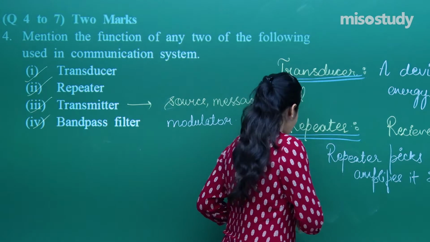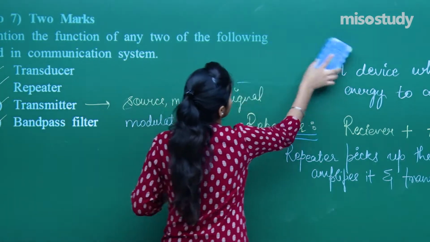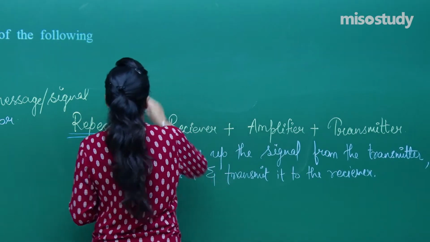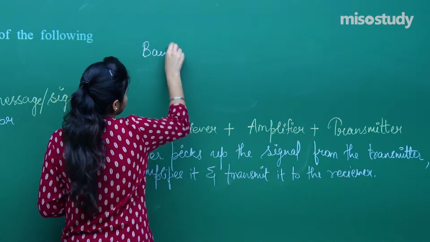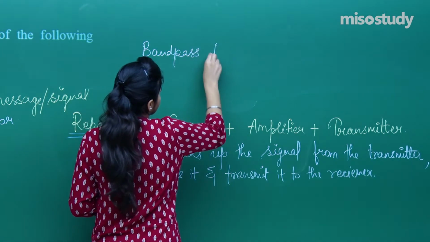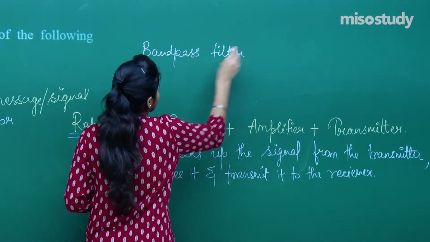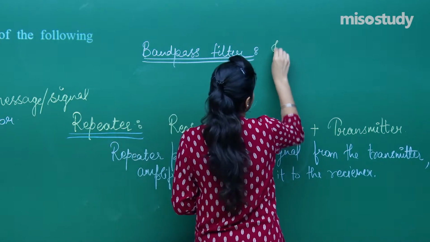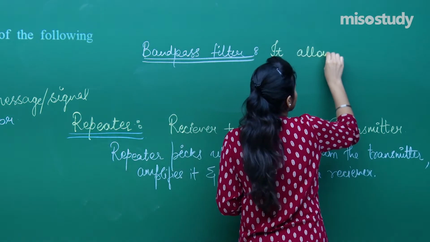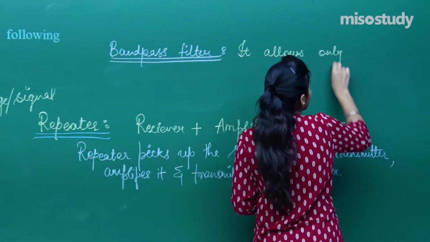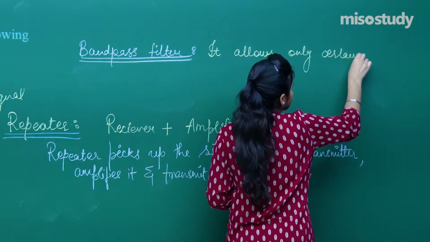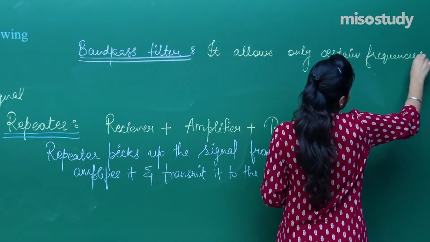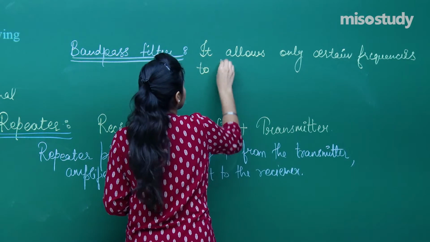So, I am going to write the definition so that you can note it down. Band pass filter. It allows only certain frequencies to pass through it.